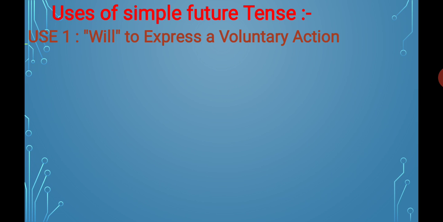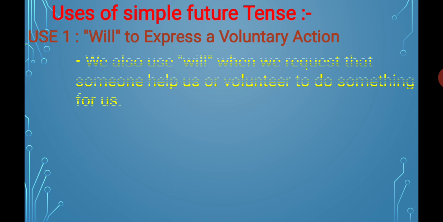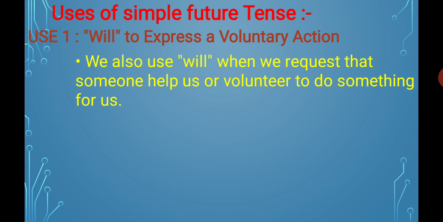Use 1. Will to express a voluntary action. It means that we also use will when someone requests that we help them or volunteer to do something for them. If we want something and somebody tells us that he will help us to do that thing, it is called volunteer help.